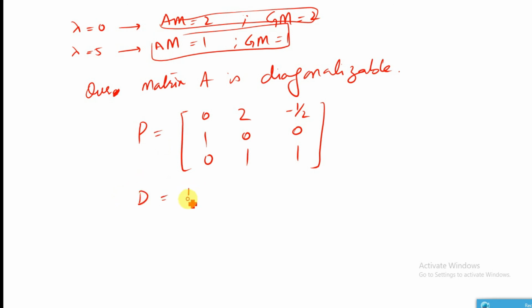Diagonalizable means that if I take P inverse and multiply it with A and then P, it gives me a diagonal matrix, and the diagonal contains the eigenvalues like this: 0, 0 and 5, and the other entries are 0.